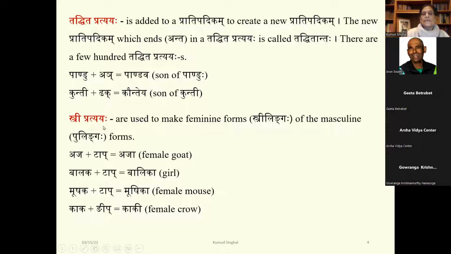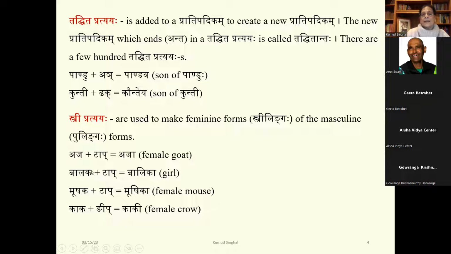Stri pratyayas, there are a few of them, and they are used to make feminine forms, strilinga, of the masculine pullinga forms. So, for example, Aja. Aja means a male goat. And if you add a stri pratyaya tap, then the resulting nominal stem is Aja, a female goat.